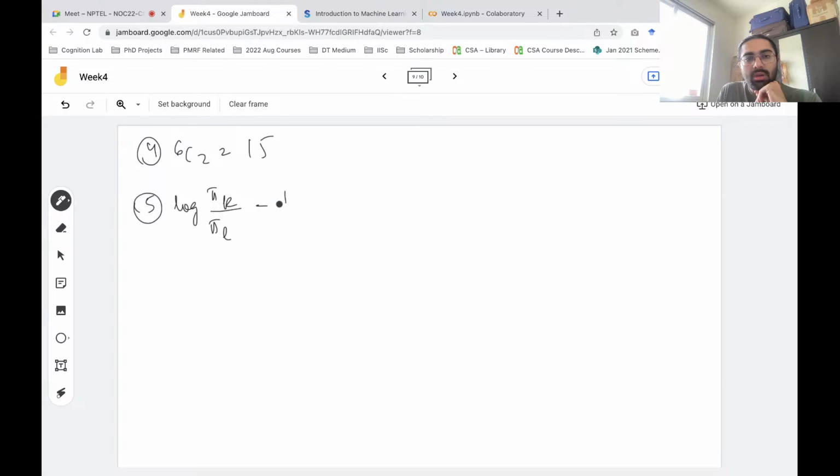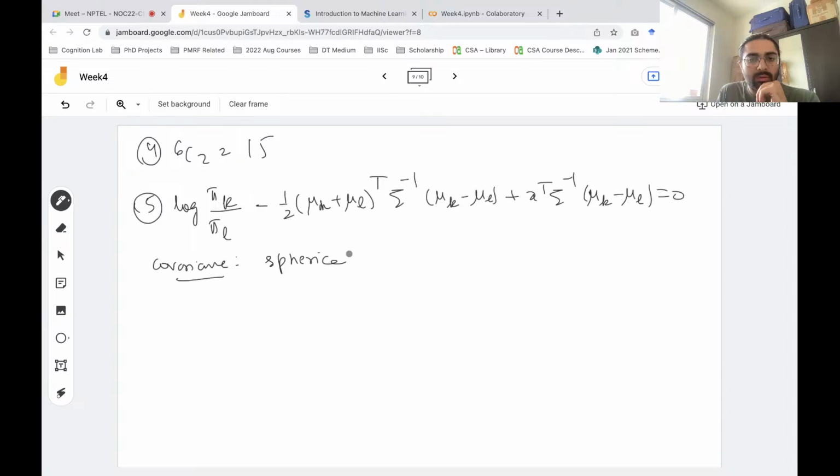So the setting is that the covariance matrices are spherical, right, and equal. An equal assumption is part of how LDA works. Okay, so if it is spherical, when is sigma spherical? What is the form that makes sigma spherical? Any idea?